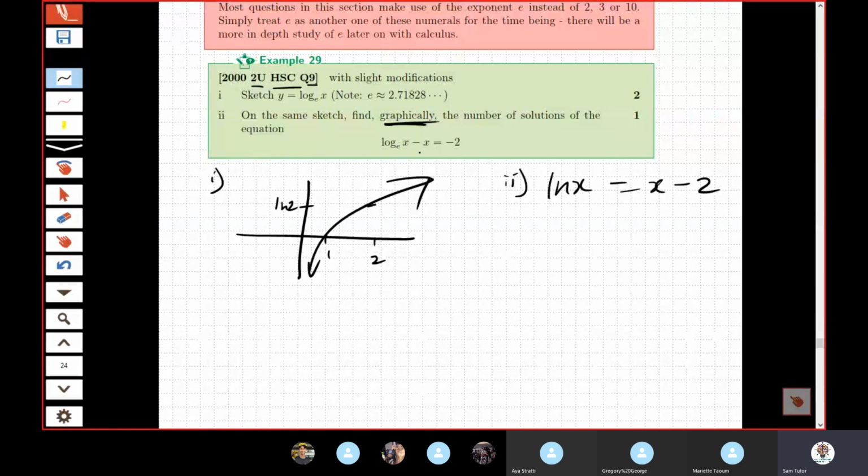So if I've got ln x equals x take away 2, I just plus that over. In other words, you're going to sketch y equals x minus 2. When x is 0, y equals negative 2. When y is 0, x equals positive 2. How many solutions?